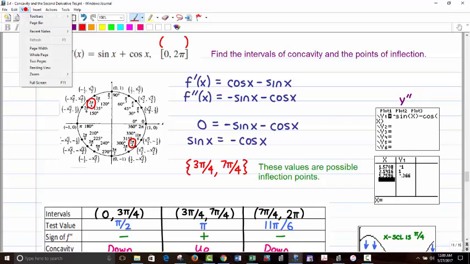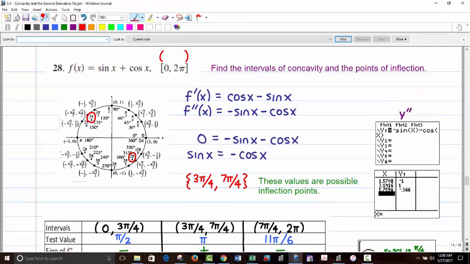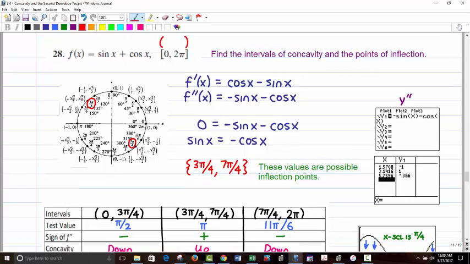So you see 3 pi over 4, they're both the same number, square root of 2 over 2, but they're opposite. And then 7 pi over 4, they're opposite, plus and minus. So 3 pi over 4 and 7 pi over 4 are your possible inflection points.